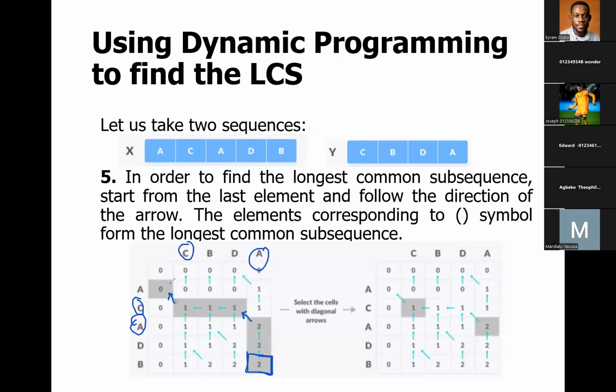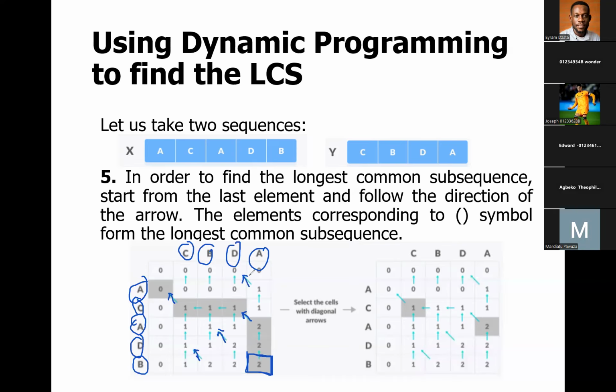Can you see that? Yes, sir. When you see B here and B in this row, in that cell there's an arrow pointing upwards. When you see D here and D here as well, the arrow goes up. You see A here, you see A here again. You can see the arrow going diagonal.